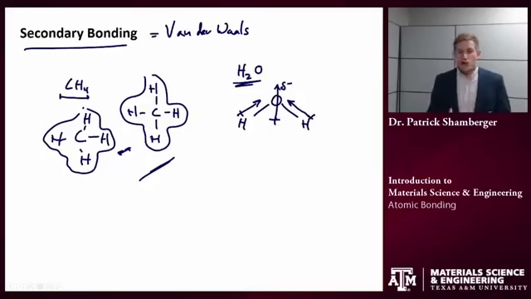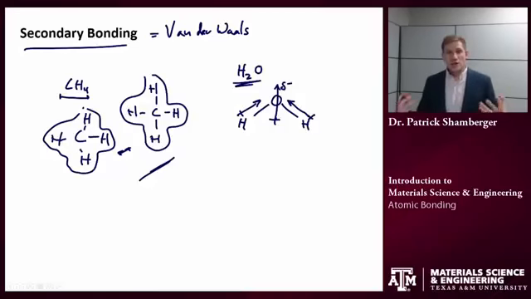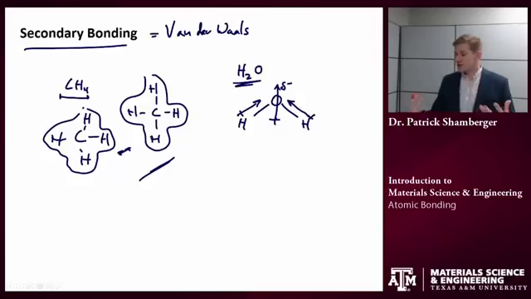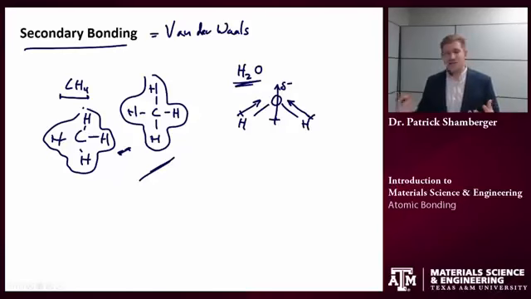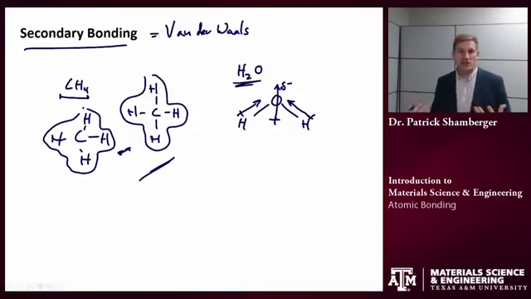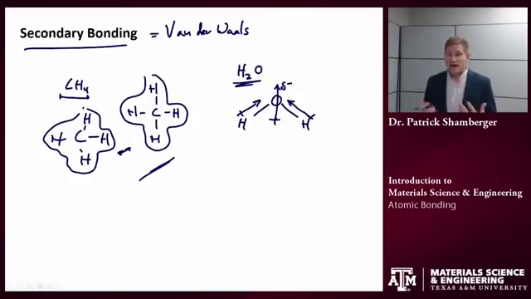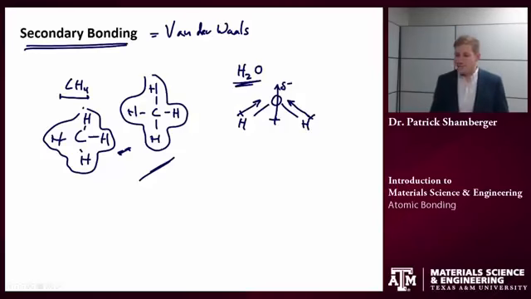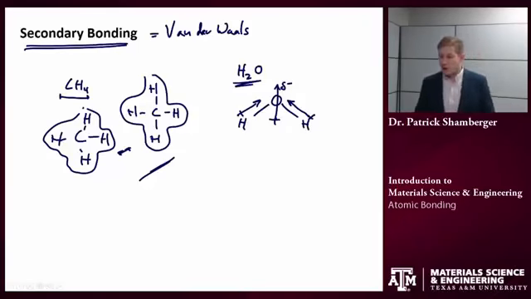This is the sort of bonding that happens between molecules or atoms that are already electrostatically happy. They've already filled up all their shells, but there can still be some kind of interaction between these atoms or molecules. So I see secondary bonding within, for example, the noble gas atoms or between different molecules.